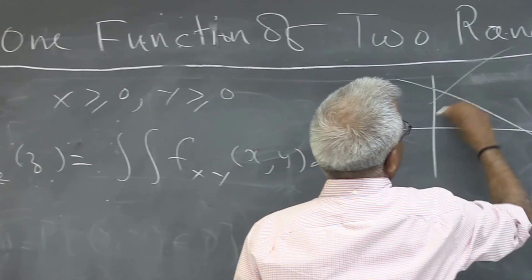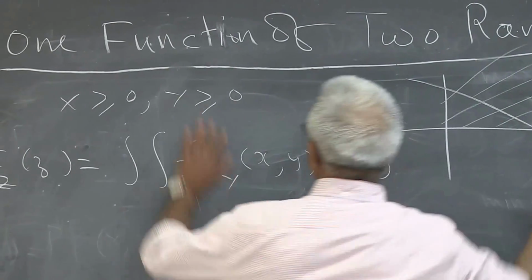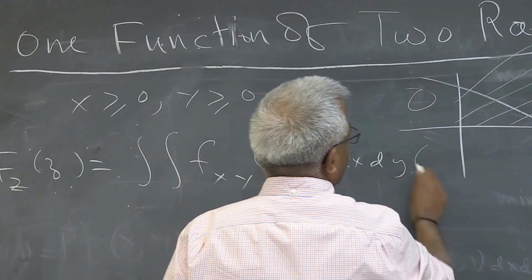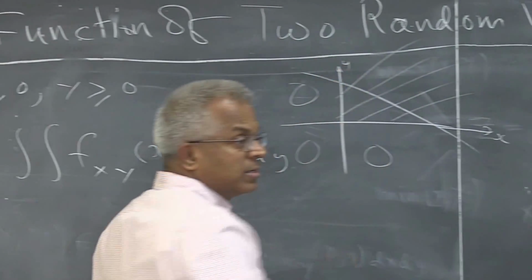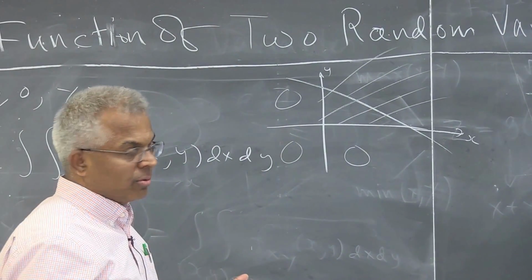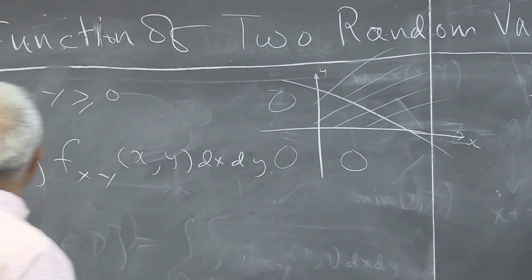In this case the density function lives only here. The density function is 0 here, 0 here, 0 here. This is x, this is y, right? That's given to you.